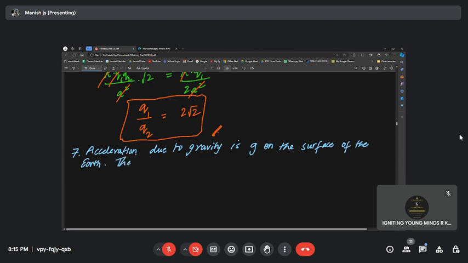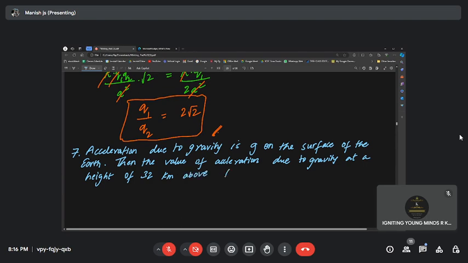Then the value of the acceleration due to gravity at a height of 32 kilometers above the earth's surface is, so here you will have to take the radius of the earth is given, RE, which is 6,400 kilometers. Okay, that's the given data here.